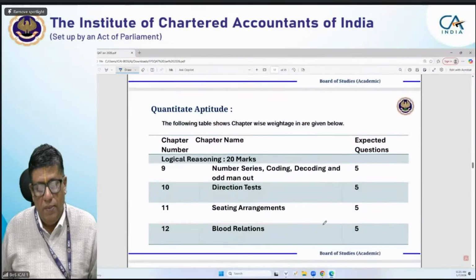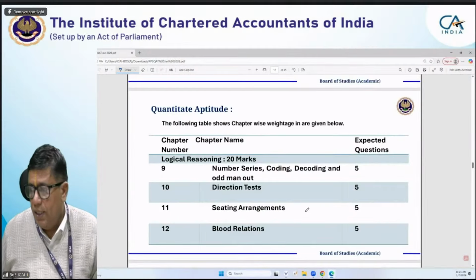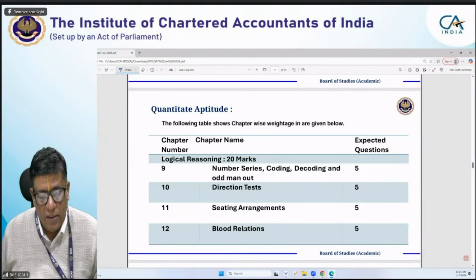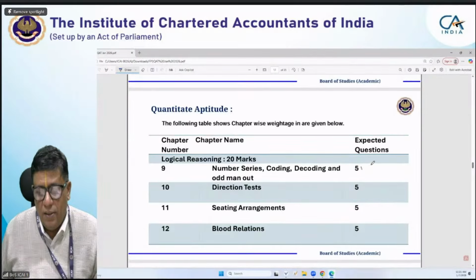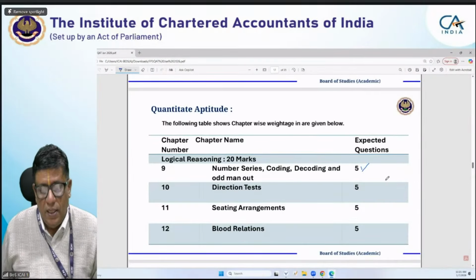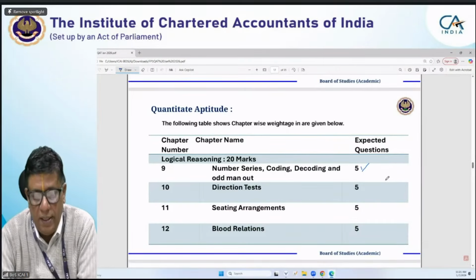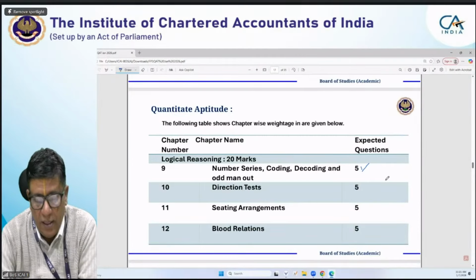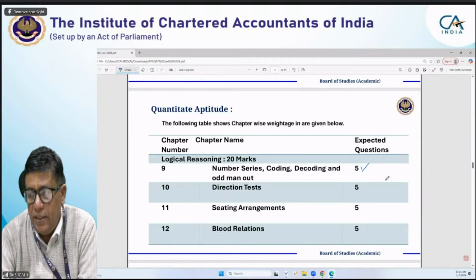Now coming to the next part, logical reasoning. Logical reasoning covers number series, coding, decoding, odd man out, direction test, seating arrangements and blood relations, and this is 5 marks each. From number series, coding, decoding and odd man out, there are 5 questions expected.